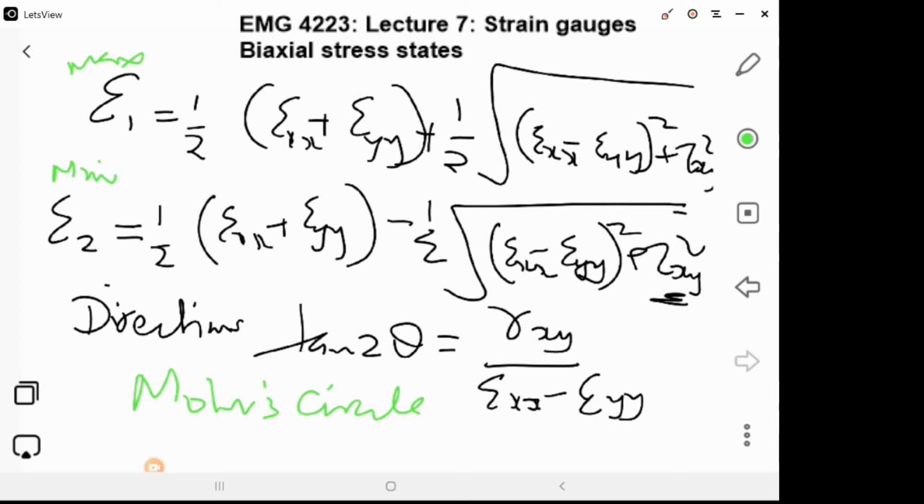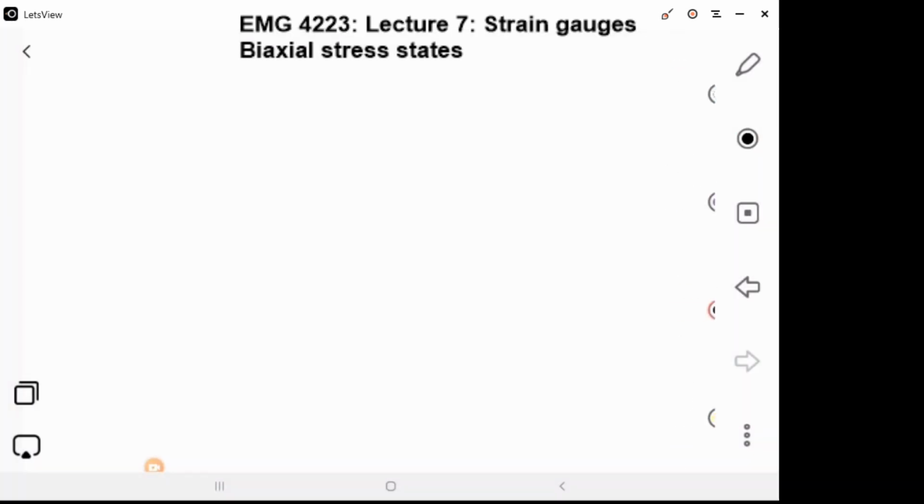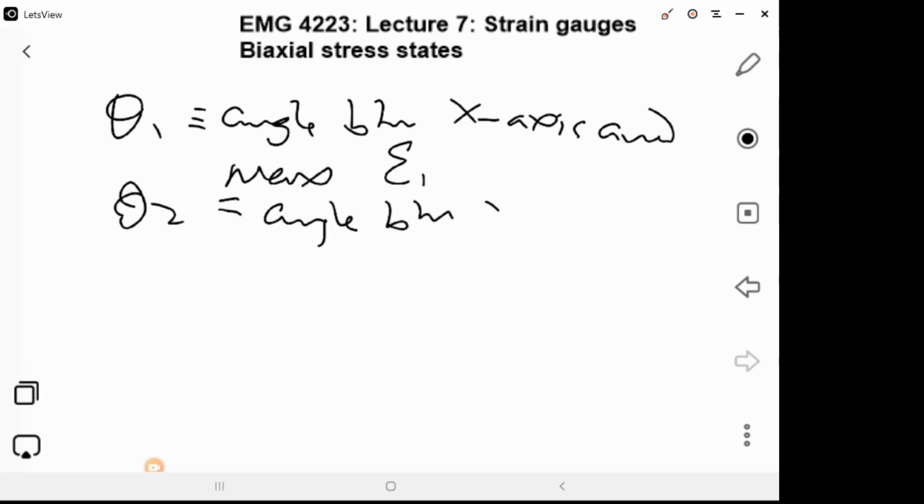The angle theta 1 is the angle between the x-axis and the maximum principal strain epsilon 1, and angle theta 2 is the angle between the x-axis and epsilon 2.